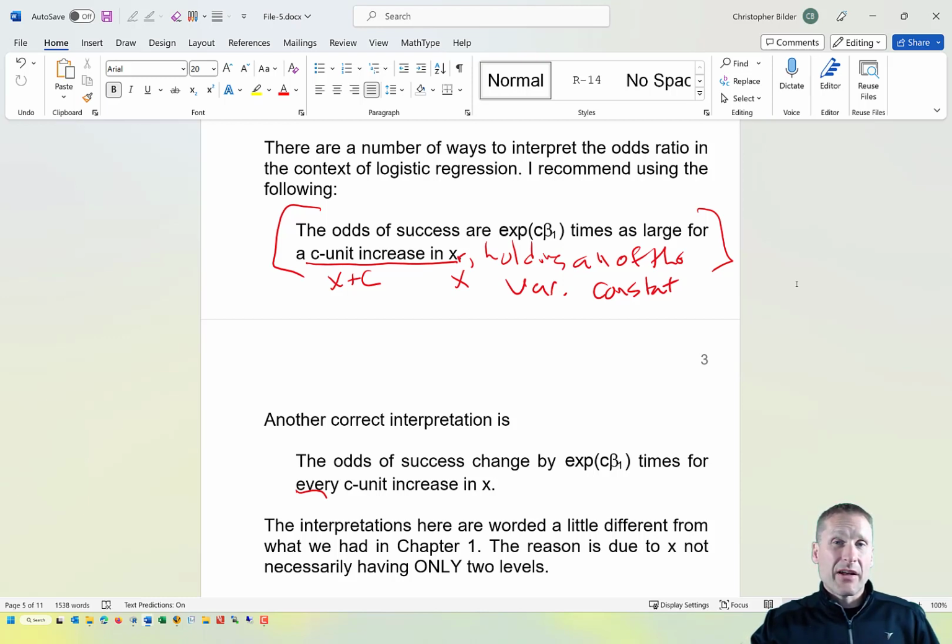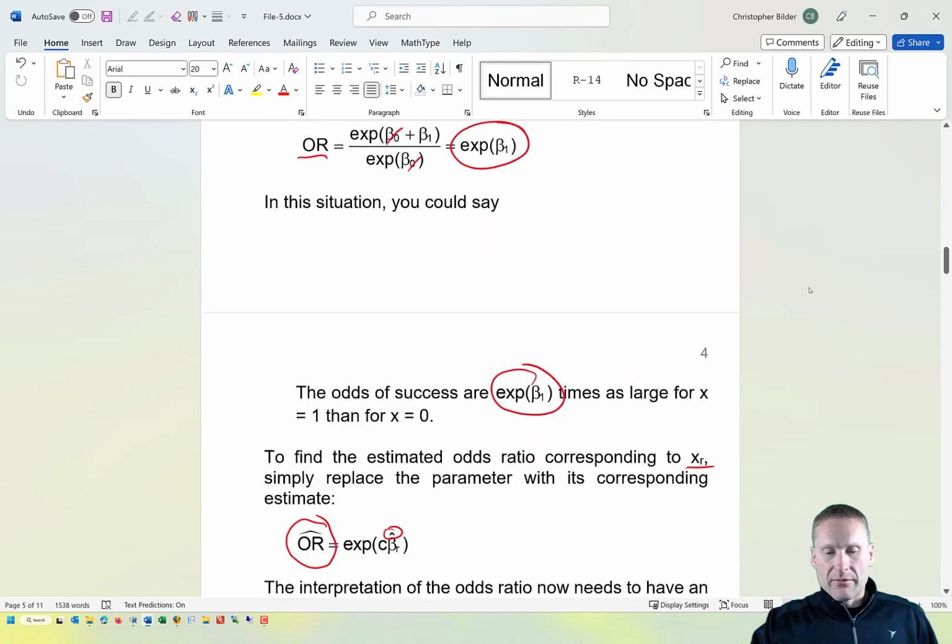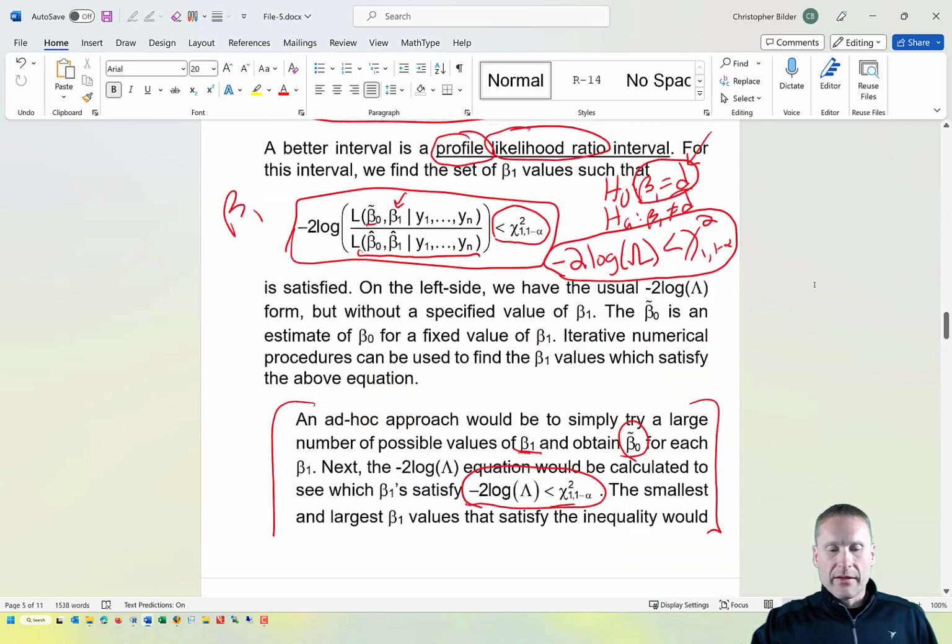You had another explanatory variable, x2, and for some reason you decided to simultaneously increase that by, let's say, d units. Well, now that's going to totally change what your odds ratio ends up being. So look at the derivation of the odds ratio to see that if you were to change two variables at the same time, you're going to get a different odds ratio than what I had presented. Okay, let's get back to where we were.